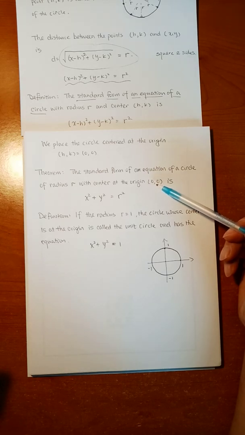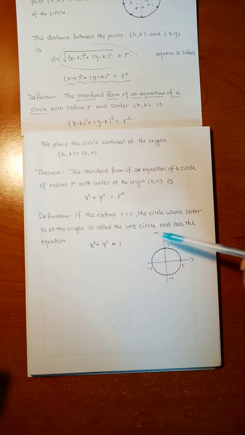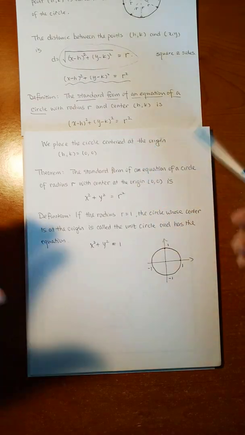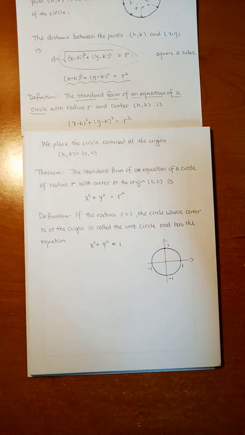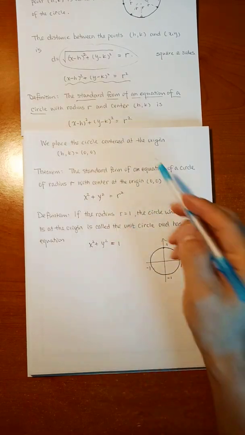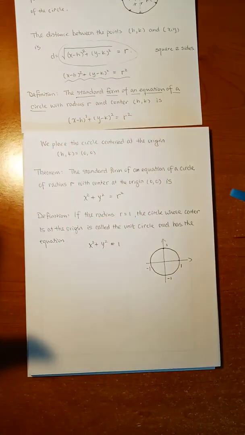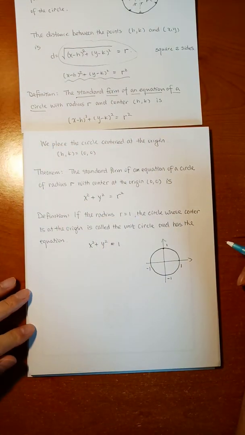And this is the standard form of the circle with the center at the origin and radius equal to 1. So it's special and even more special, right? This is the standard form of just one circle, this one a small class of circles, and this one all circles. Right? So now let's see the example.